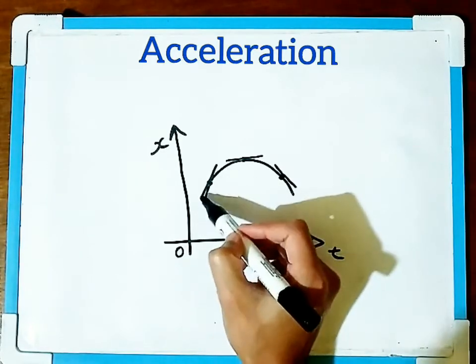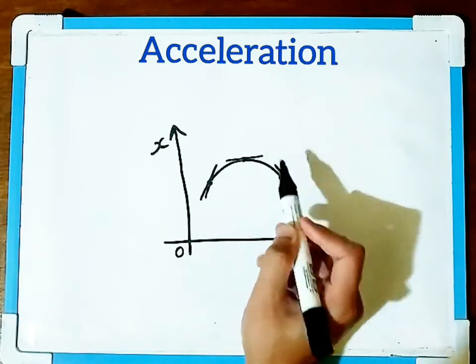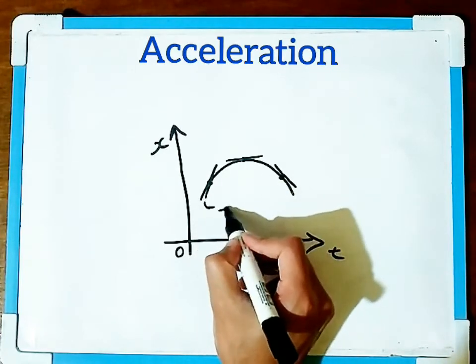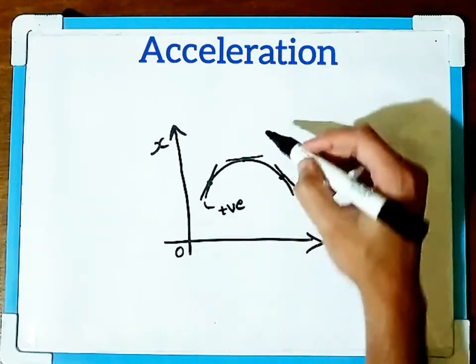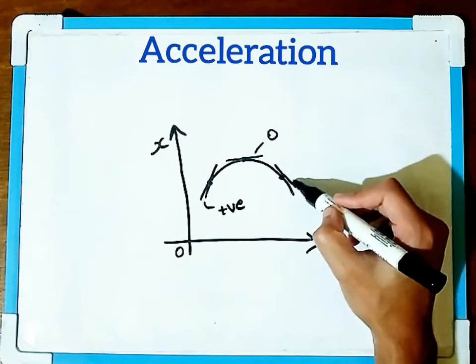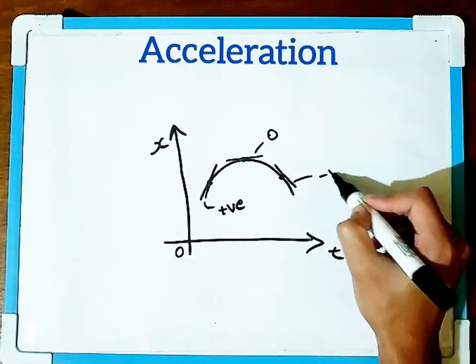You can see here that the slopes are positive, 0, negative. So here the instantaneous velocity is positive, here it is 0, and here the instantaneous velocity is negative.